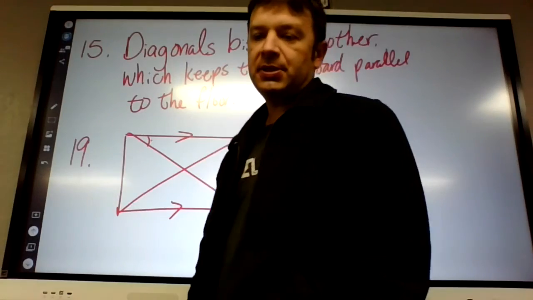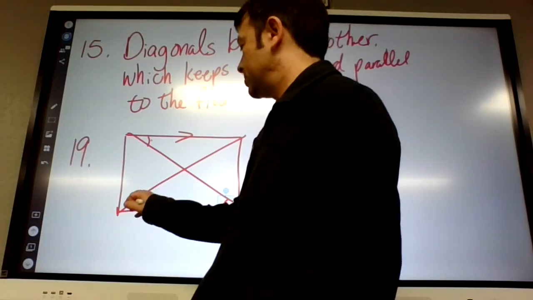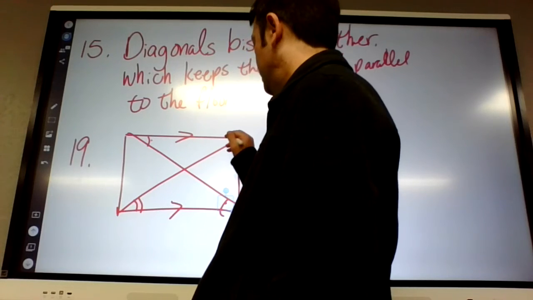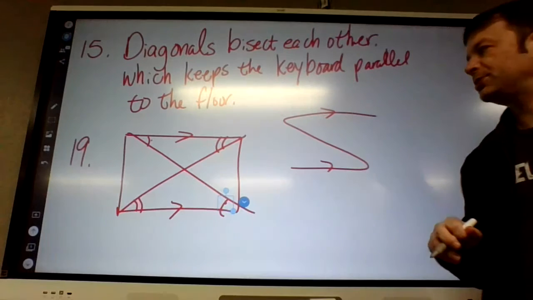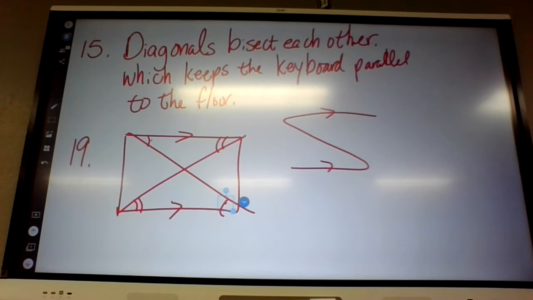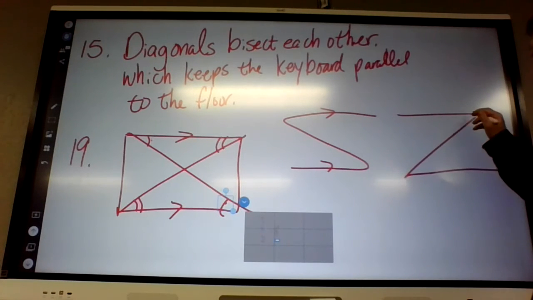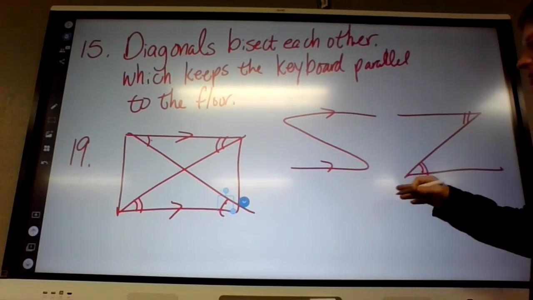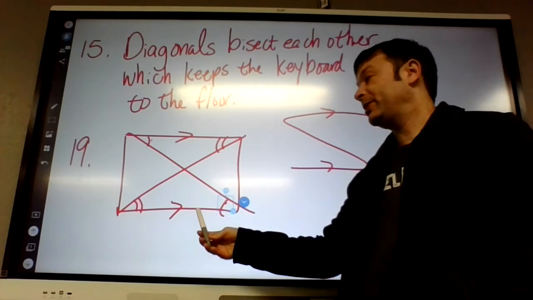Then it says angle EDC is congruent to angle EBA. That's this angle and this angle. Those two angles are also alternate interior angles between the same lines. So yeah, these two lines would have to be parallel again.